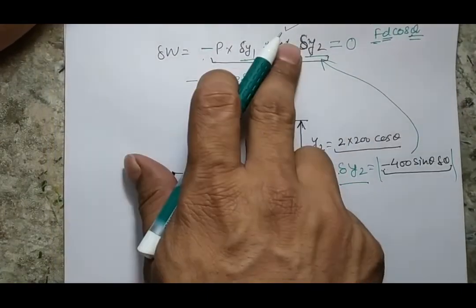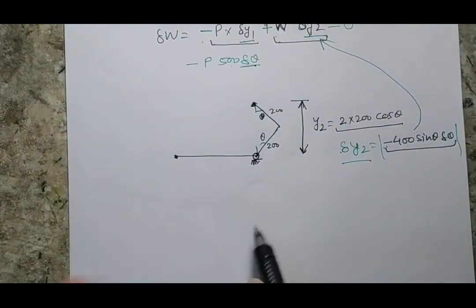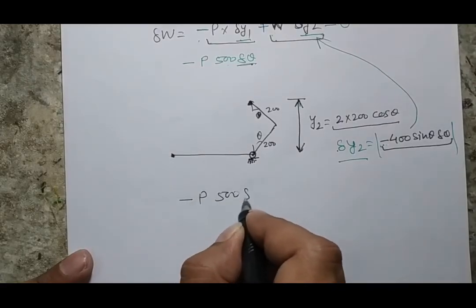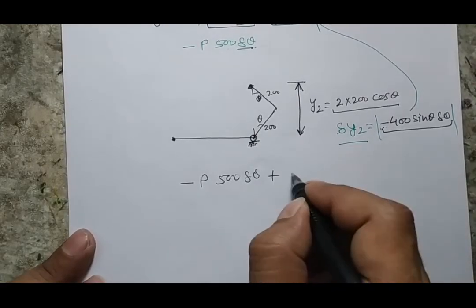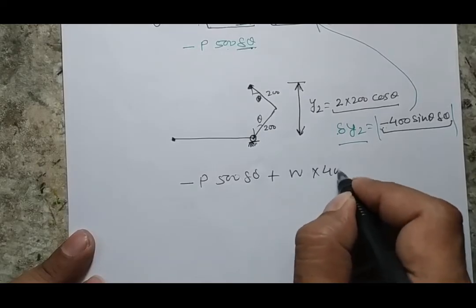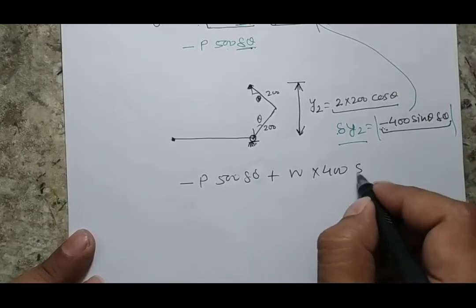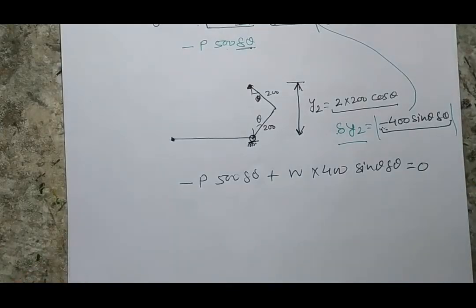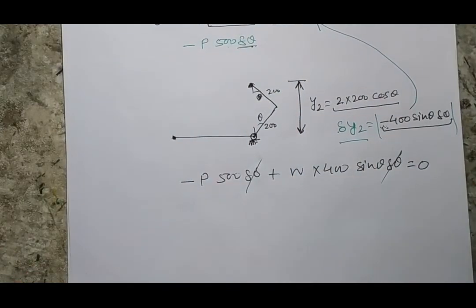So when I put this absolute value in this equation, my equation becomes minus p into 500 del theta plus w into 400 sine theta del theta, without using the negative sign, and that equals 0. So here you can see that now you are able to remove the del theta.